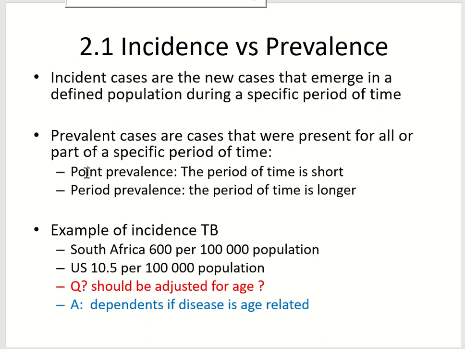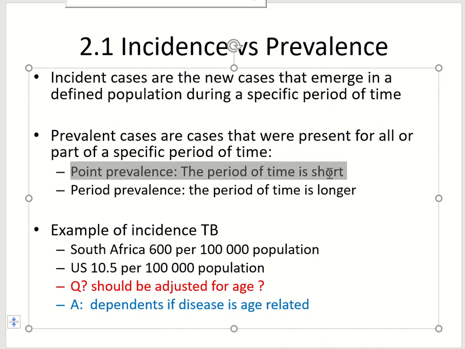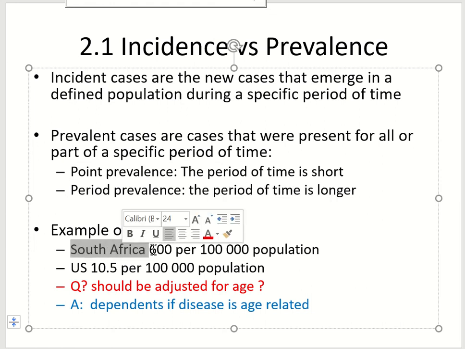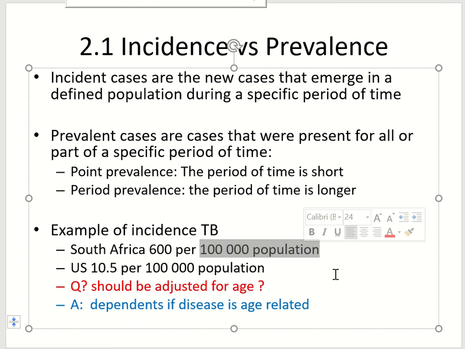Point prevalence is calculated when the period of time is short, like 1 day, for example, or 1 week. Period prevalence is when the period of time is longer. So I have an example for tuberculosis in South Africa. You have 600 per 100,000 population.